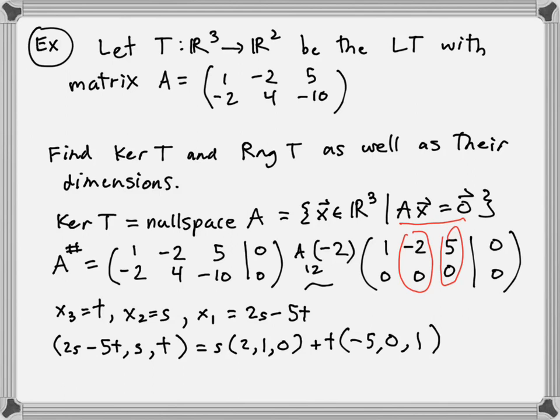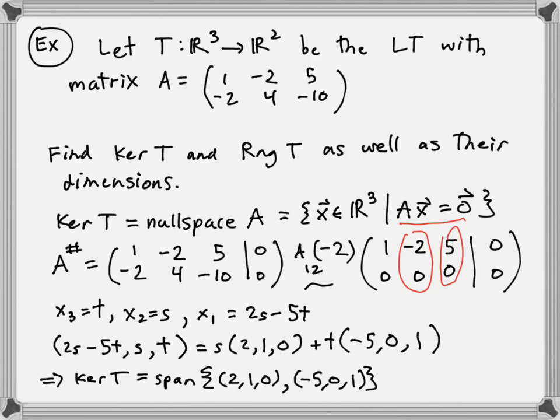In other words, this implies that the kernel of T is equal to the span of those 2 vectors. And by the way, because we reduced it to row echelon form, these 2 guys are linearly independent.